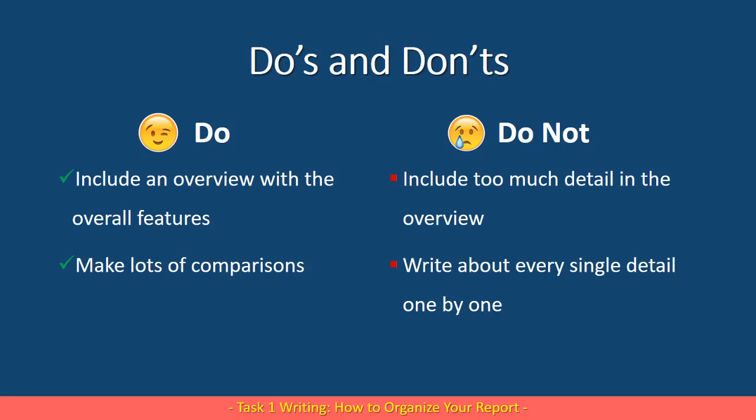Don't write about every single detail one by one. Okay, do not do this or you will get a 5 for the task achievement part of your writing task 1. Okay, don't write every single detail. You need to choose the important details. Highlight the main details. Don't do every single one.